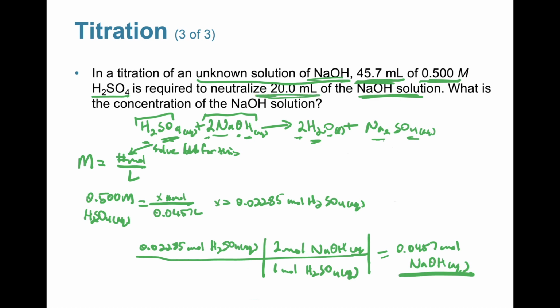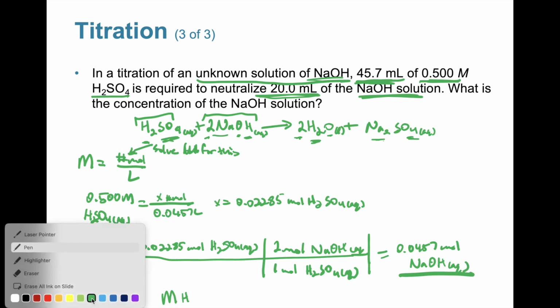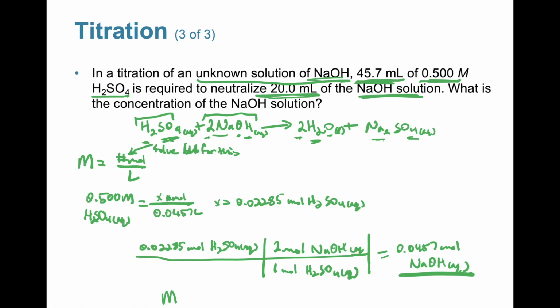And you're told right here that you have 20 mL of sodium hydroxide, right? So molarity of NaOH equals the 0.0457 moles of NaOH, all divided by 20 mL, or 0.020 liters of NaOH.